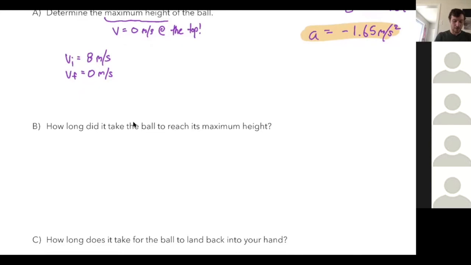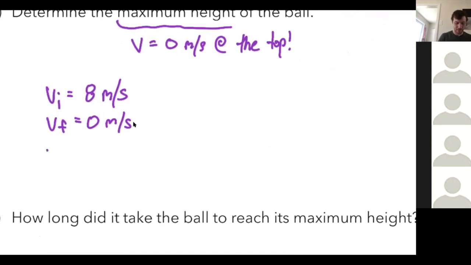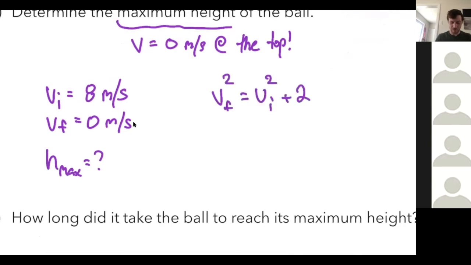So initial velocity, final velocity, and we want to know what is the maximum height? Okay, h max. We have nothing to do with time. So let's just write down our formula. V final squared is equal to VI squared plus 2A, I'll call it delta H, okay? That one has nothing to do with time.